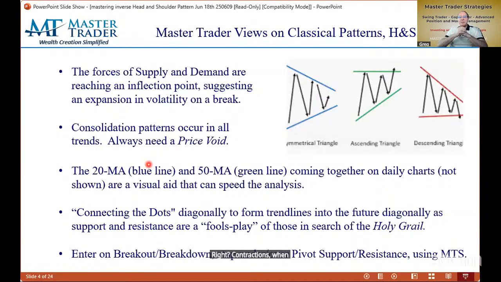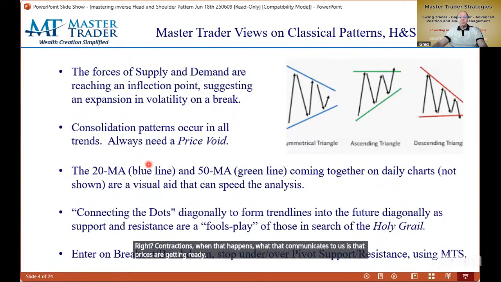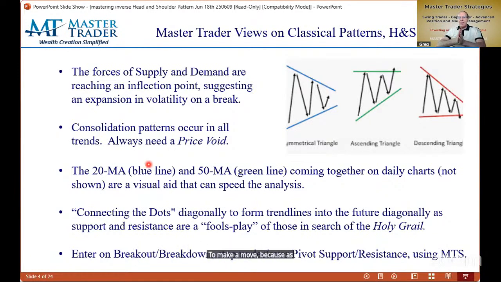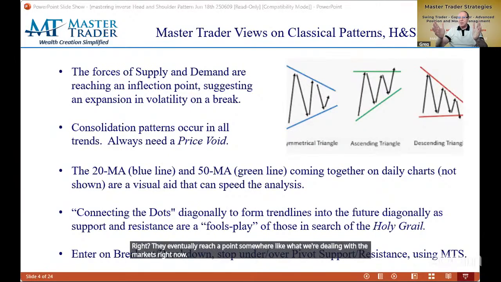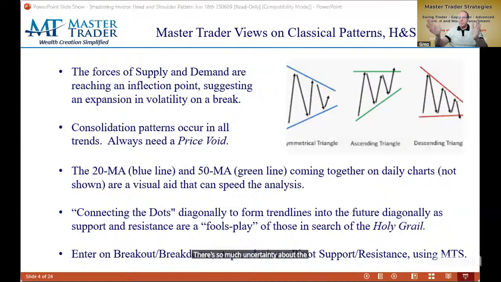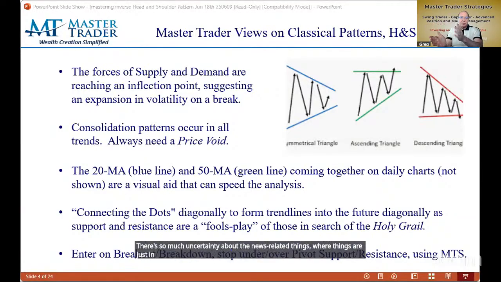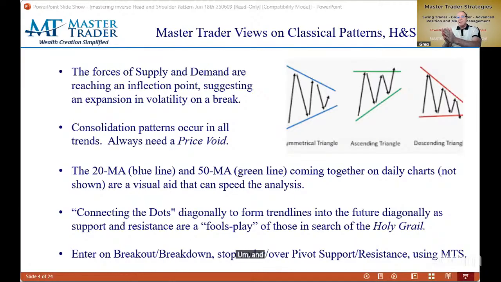When that happens, what that communicates to us is that prices are getting ready to make a move, because as those forces of supply and demand come together, they eventually reach a point somewhere like what we're dealing with in the markets right now. There's so much uncertainty about the news related things where things are just in a relatively tight range, and they're contracting.